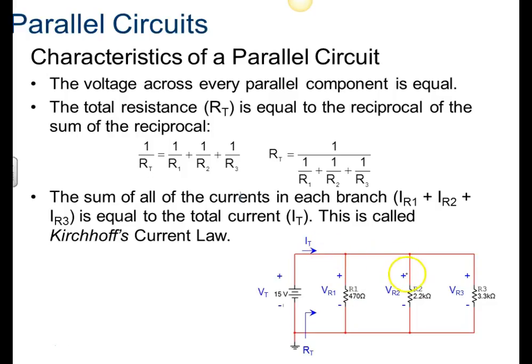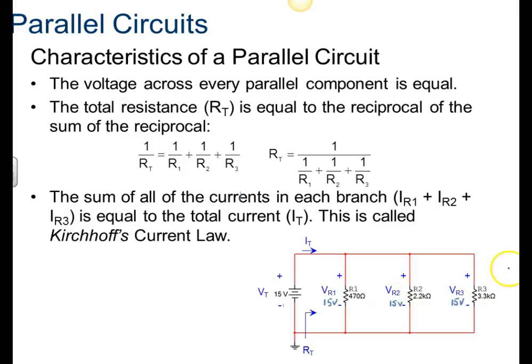Every time I go from one side of a resistor to the other, I'm technically going from the positive side of the battery to the negative side of the battery, which is a 15 volt difference. So across each of these, we're going to have 15 volts. So that means VR1 is 15 volts, VR2, 15 volts, VR3 is 15 volts.